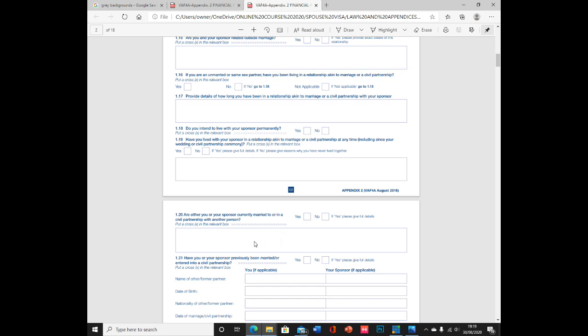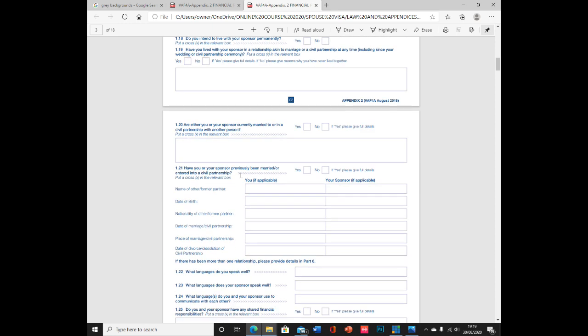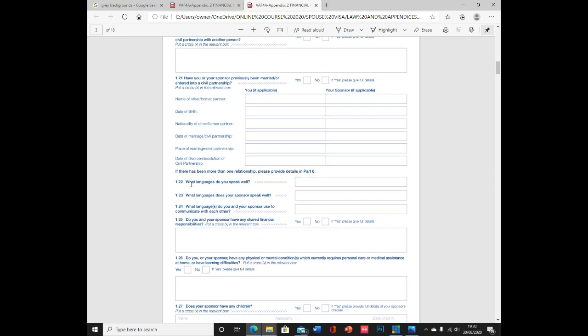Only one wife is allowed. But if you are currently married to any other person, tell them yes. Have you or your sponsor previously been married? So tell them about the previous marriage, and then they are asking for their details, the former partner's details, in the next section.